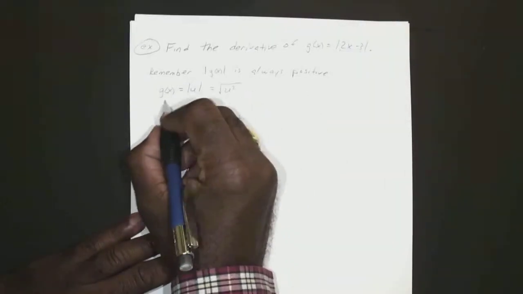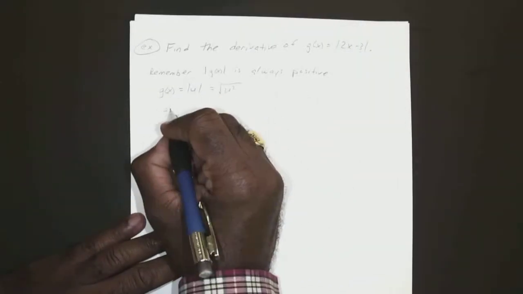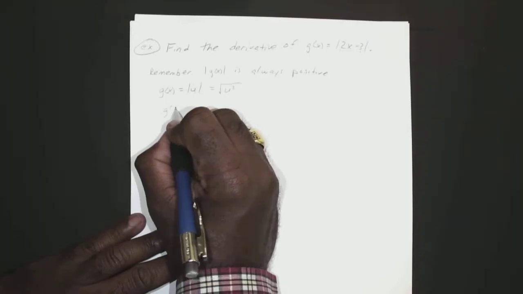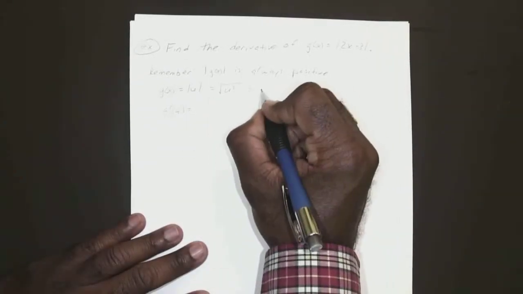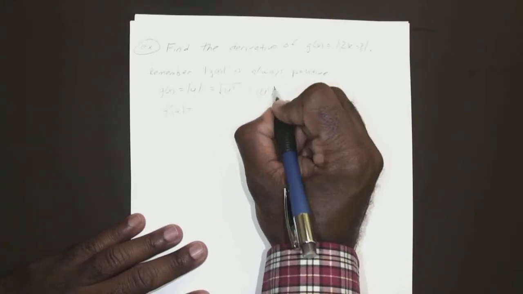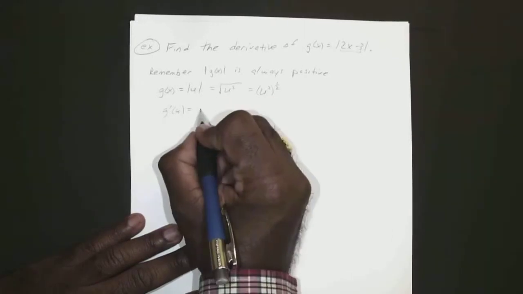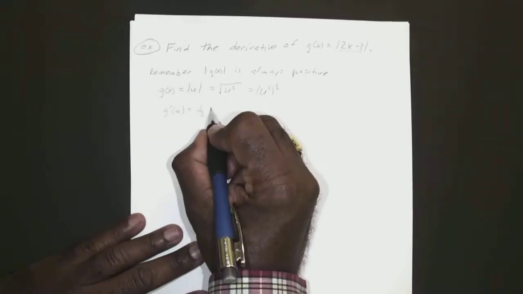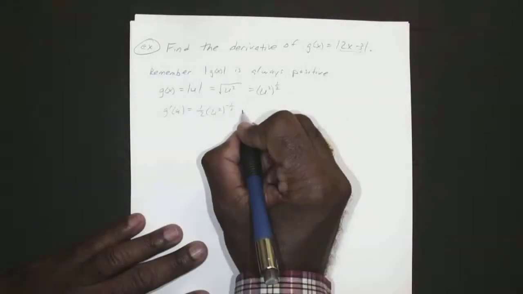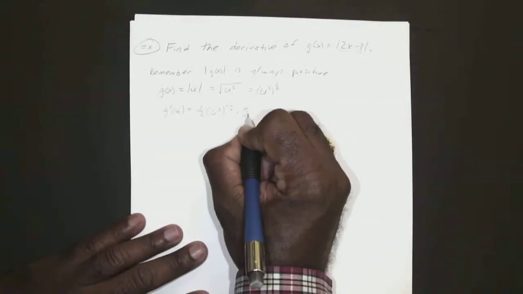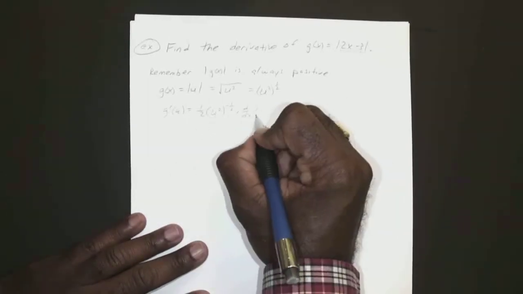Okay. So g prime of u, well actually, if you write it as u squared to the 1/2, we bring down our exponent, 1/2 times u squared to the negative 1/2 once we subtract 1, and remember that's times the derivative of u squared.